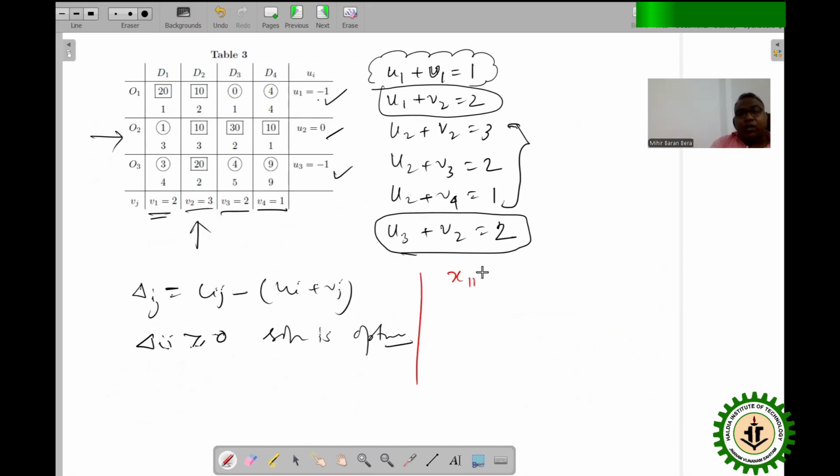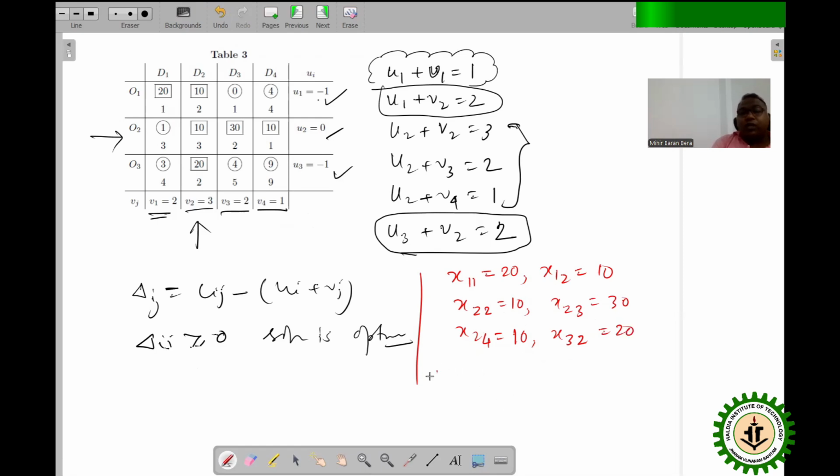In this case, x11 equals 20, x12 equals 10, x22 equals 10, x23 equals 30, x24 equals 10, and x32 equals 20.